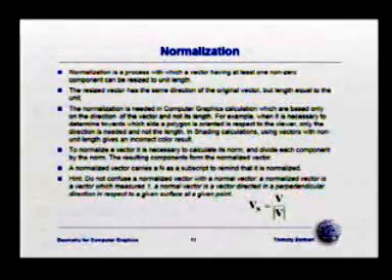This is especially true when I'm only interested in the direction of the vector. So normalization is a procedure that allows me to obtain from one general vector another vector which has the same direction but unit length. So this length is always 1.